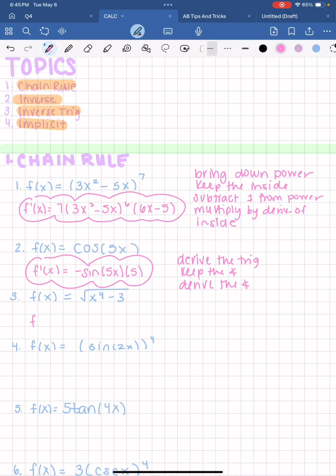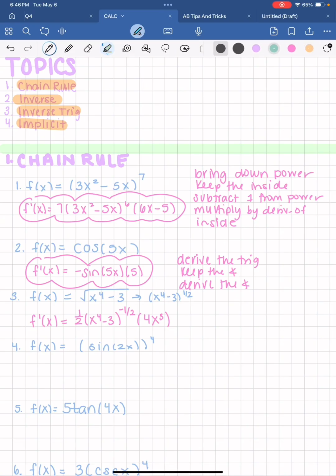Okie dokie, next one. We know that this is the same thing as x to the 4th minus 3 to the 1/2 power. So what we're going to do is we're going to bring down the power, keep the inside, subtract 1 from the power, multiply by the derivative of the inside, and we're going to chat about how to rewrite this.